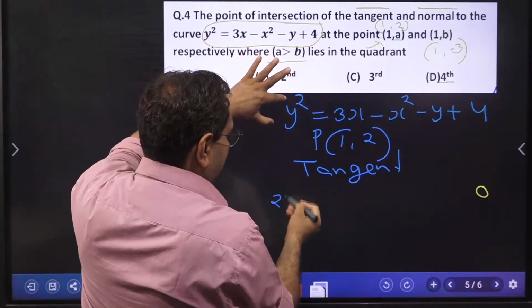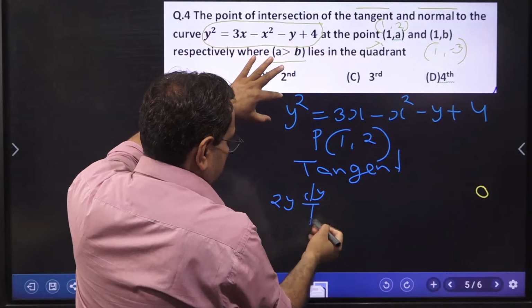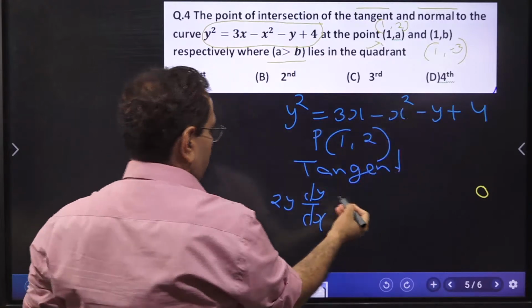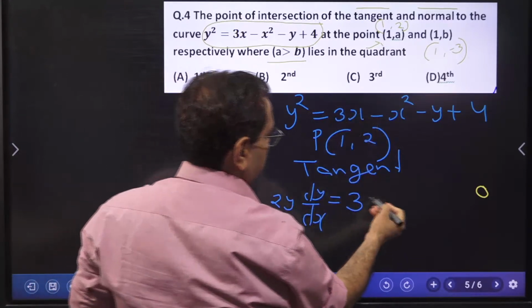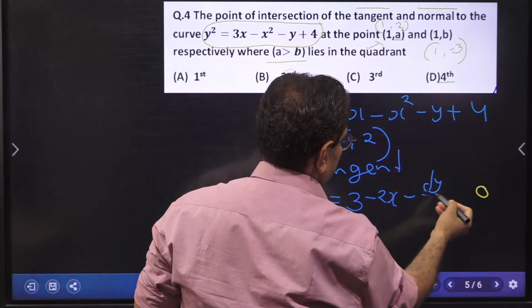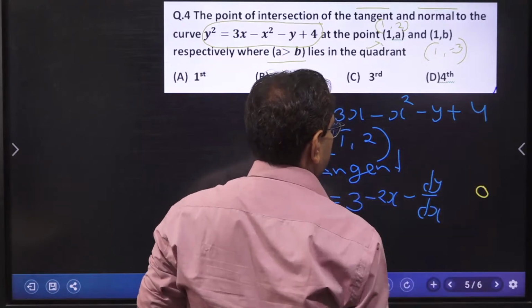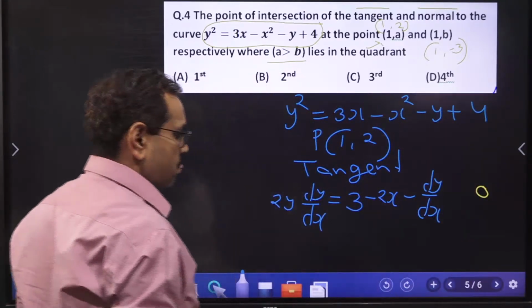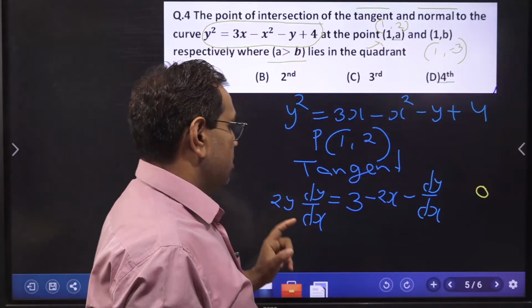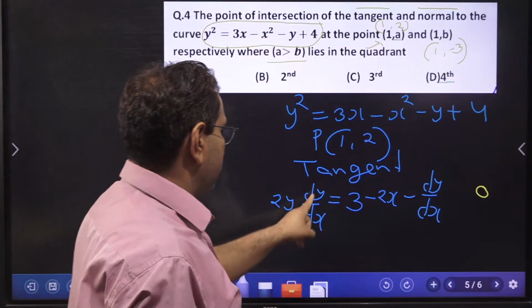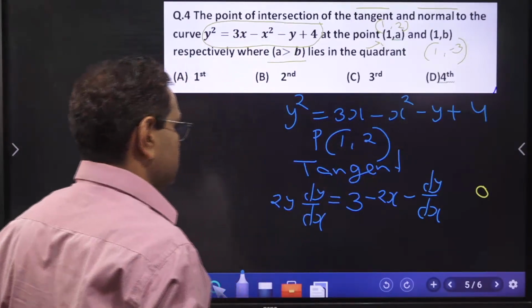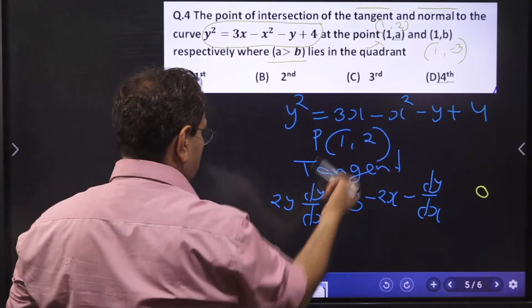So 2y multiplied by dy upon dx equal to 3 minus 2x minus dy upon dx और plus 0. Okay, 4 का डेरिवेटिव कितना होगा, 0. Now putting x equal to 1 and y equal to 2, because we need to compute the value of the derivative at this point, dy upon dx at this point.